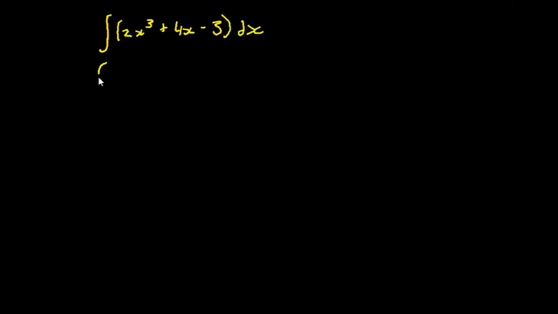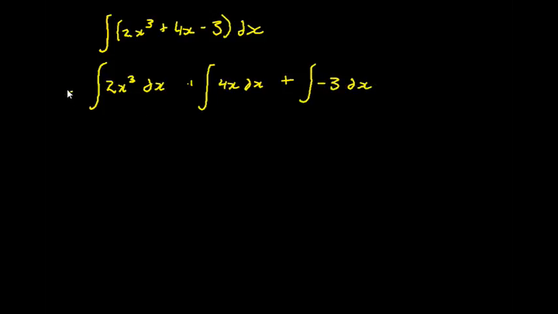And to do that, I can find the antiderivative of 2x cubed first, plus the antiderivative of 4x, plus the antiderivative of minus 3. Then using the second property, I could actually just bring the 2 out the front, bring the 4 out the front, and bring the minus 3 out the front.